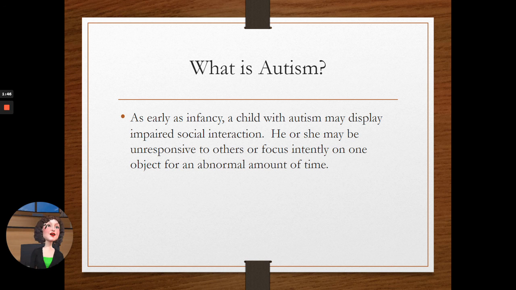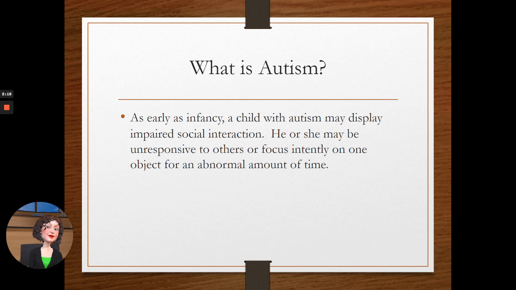As early as infancy, a child can display behaviors that can be attributed to this disorder. So, impaired social interaction. One of the first social activities a child learns, I remember from my own son, is what they call a social smile, meaning they make contact and they mimic the happy face of the person standing in front of them.